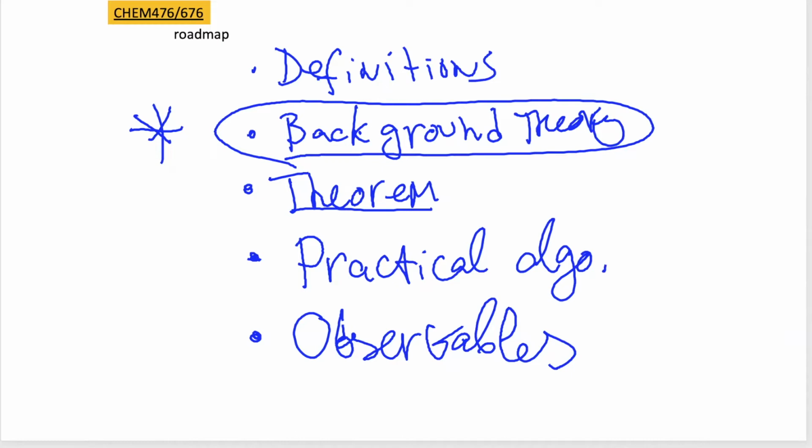It is an approximate theory, not for molecules, but for a simple model. And then we'll go for two theorems, one theorem per lecture. Then we'll set up a practical algorithm in the same way as we did for optimization of geometry and for Hartree-Fock theory, and then we will revisit observables.